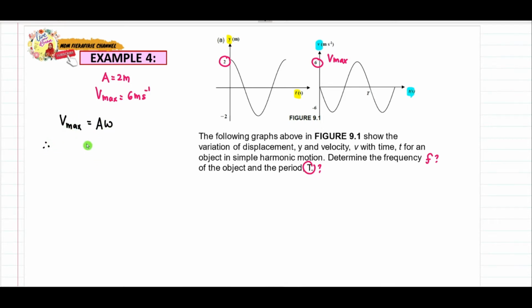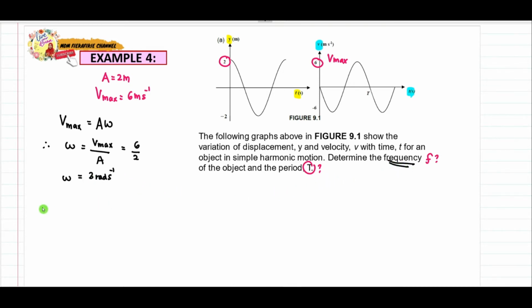Therefore, from this equation, we can find omega is equal to V maximum over A, which is equal to 6 over 2. So finally you will get omega, which is the angular frequency, is equal to 3 radian per second. Tapi soalan bukan suruh kita kira omega, soalan suruh kita kira frekuensi.